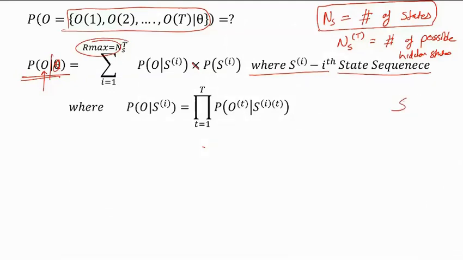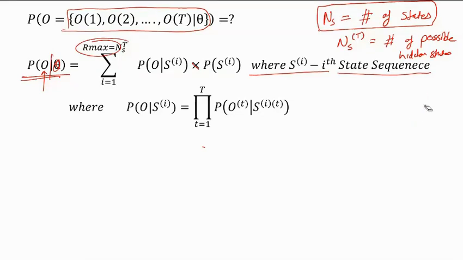S1 is one sequence, S2 is another sequence, and so on. In total there are NS to the power T sequences.